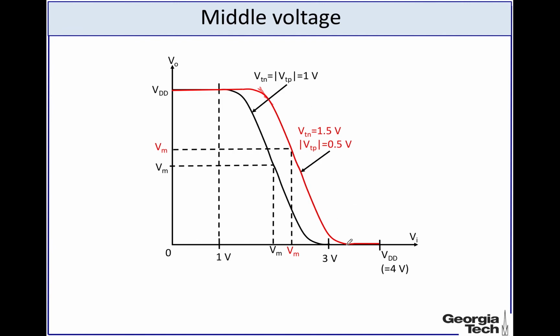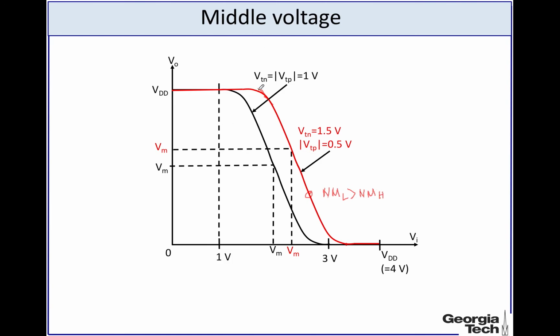On the other hand, you can see that in this particular red curve, the noise margin high will actually be smaller. Why is that? Because it's shifted to the right, for which your VIH will be larger, and as a result, if you just look at the noise margin equations, you can clearly see that the noise margin high will be low. So basically it means that in this case your noise margin low will be larger than noise margin high.